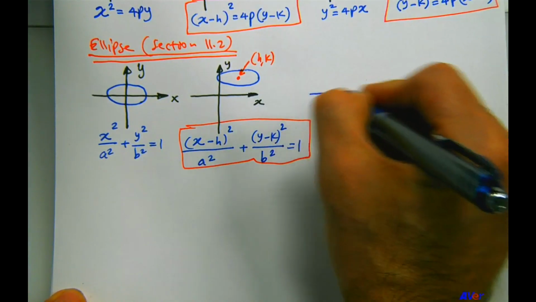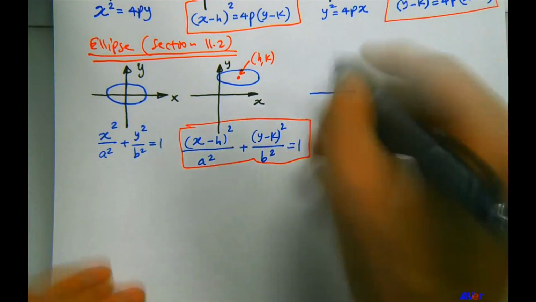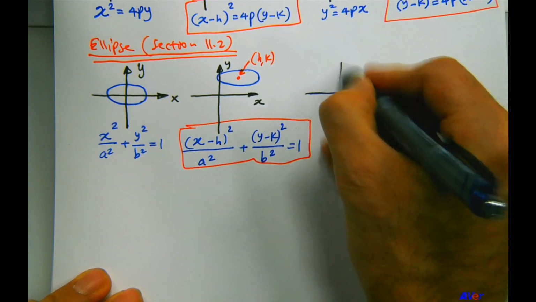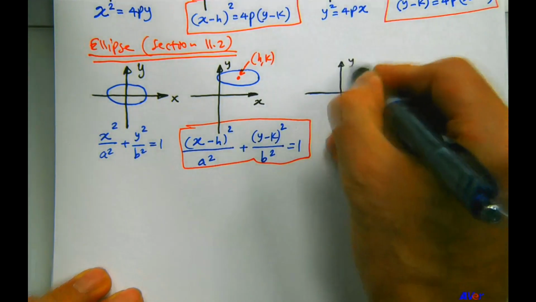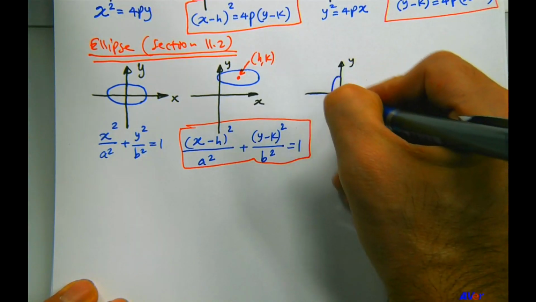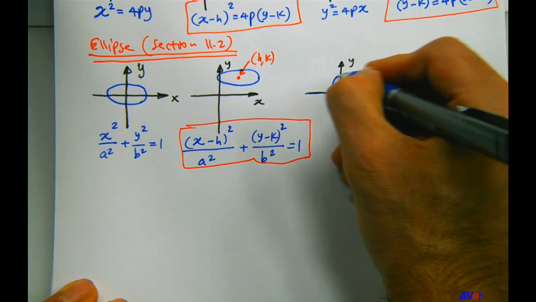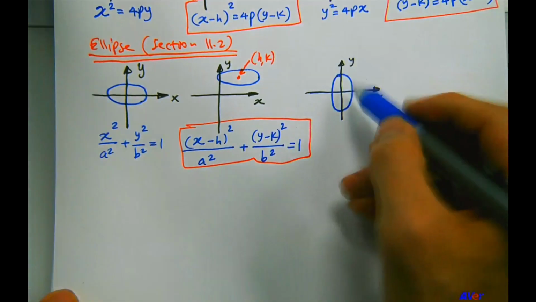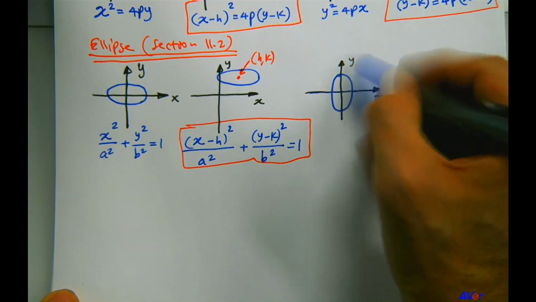And then, of course, an ellipse could be vertical. So let's also discuss that. So we could have a vertical ellipse like that. So in this case, the major axis is along the y-axis.